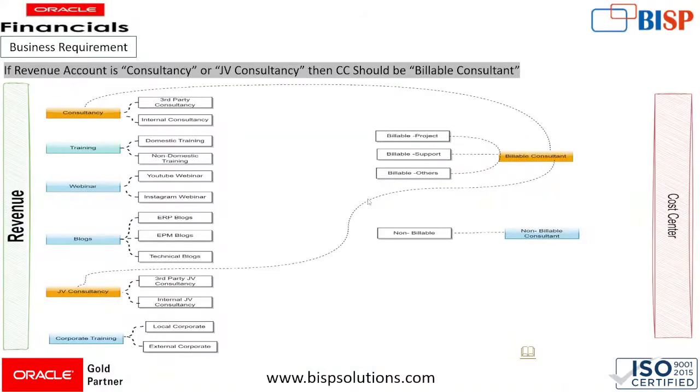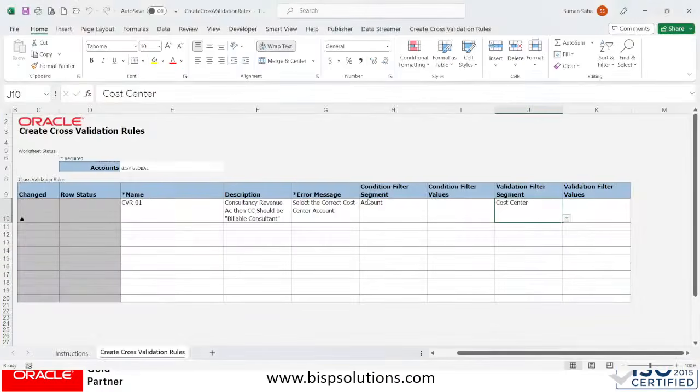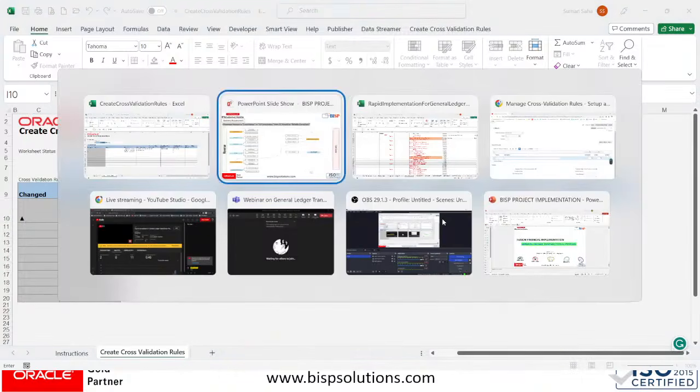So let us create that particular condition in the sheet. Let us navigate to the condition. I will write 40110. Let me check it out.